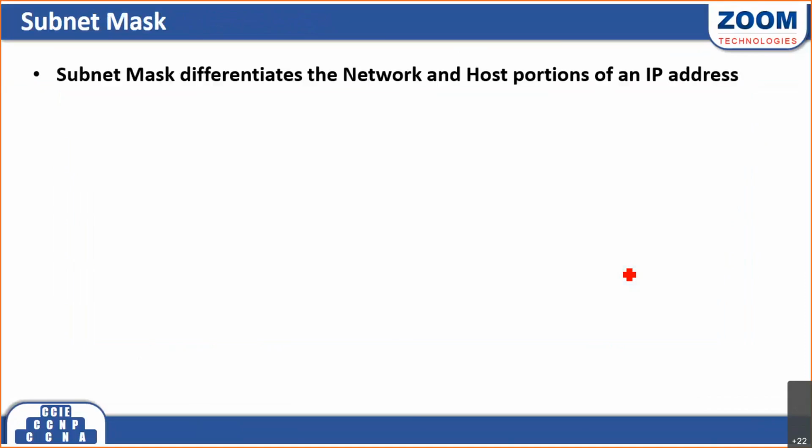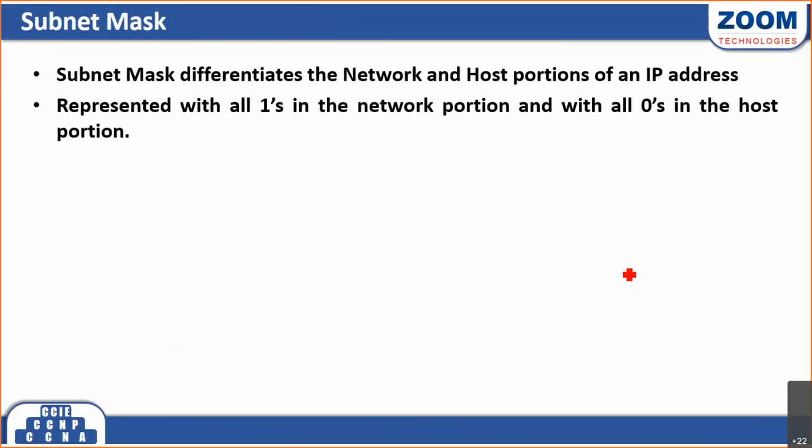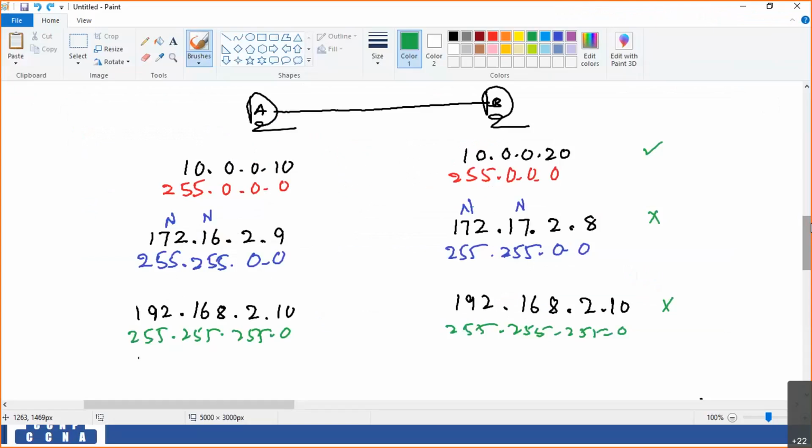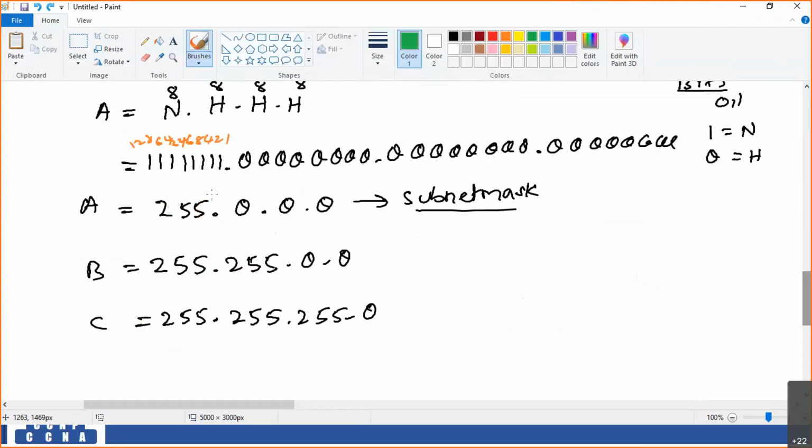Okay. So the subnet mask differentiates network and host portions of an IP address, represented with all ones in the network portion and with all zeros in the host portion. For the second point, represent all ones in the network portion, represent all zeros in the host portion.